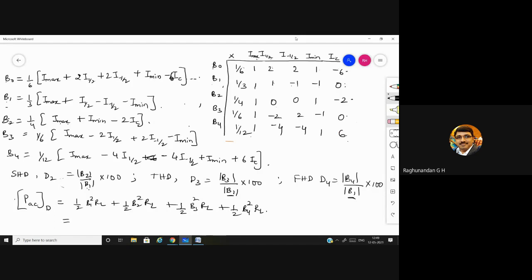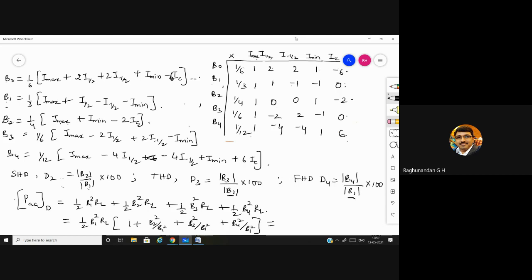Now take half B1 square RL outside. So you'll get 1 plus B2 square by B1 square plus B3 square by B1 square plus B4 square by B1 square.